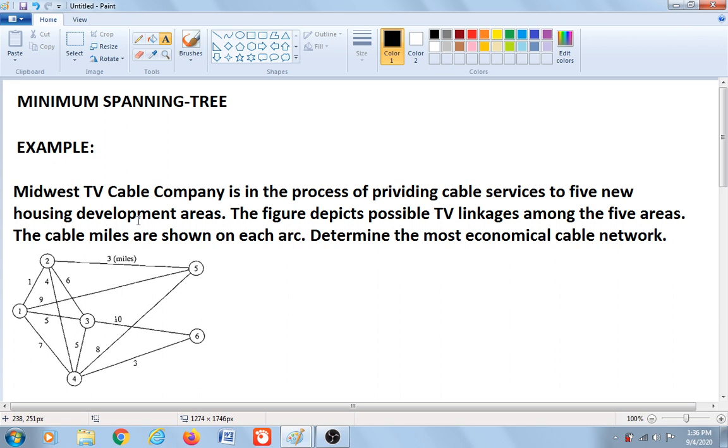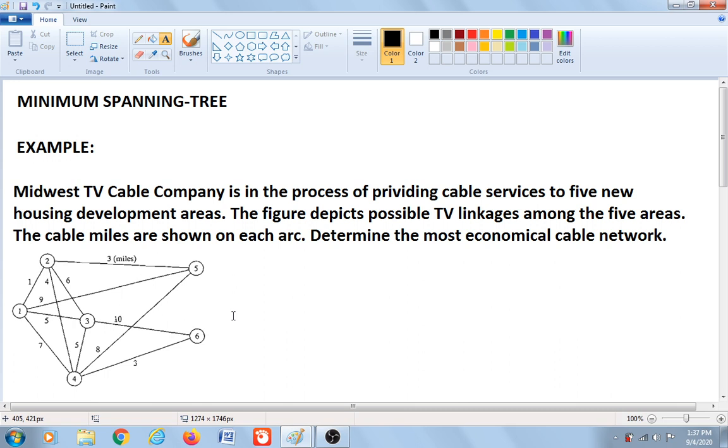Midwest TV Cable Company is in the process of providing cable services to 5 new housing development areas. The figure below describes a possible TV linkage among the 5 areas. The cable miles are presented on each arc. So from 2 to 5, the distance is 3 miles. From 2 to 3, the distance is 6 miles. Determine the most economical cable network.